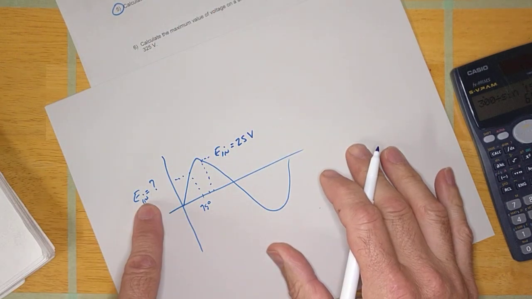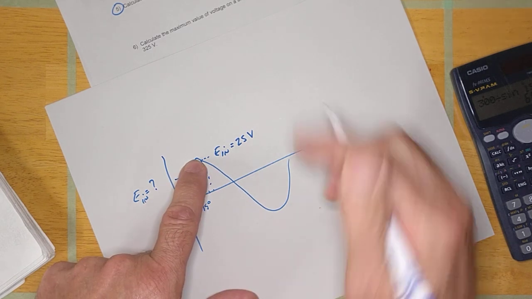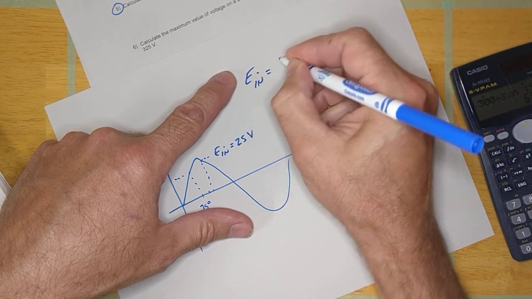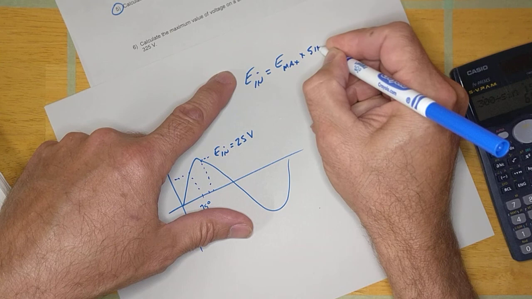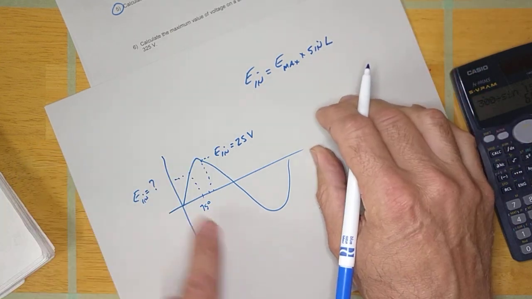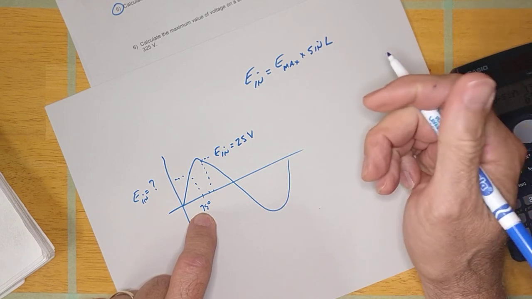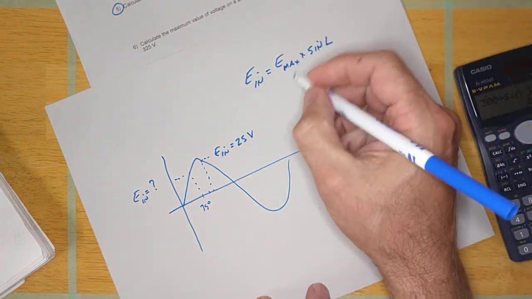Now, the only way to calculate this instantaneous voltage is to have the max voltage, because the formula E instantaneous is equal to E max times the sine of the angle. So if I want to calculate the instantaneous voltage at 75 degrees, I'm going to need the max voltage for this particular waveform. So that's the first thing I'm going to calculate.